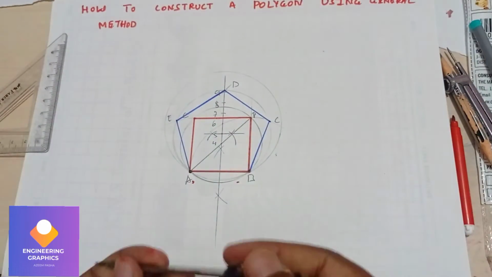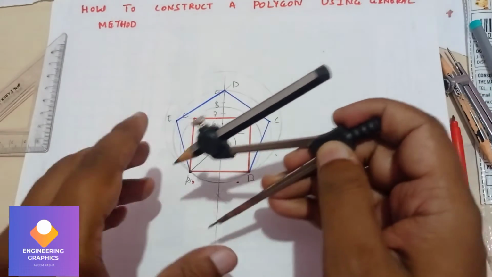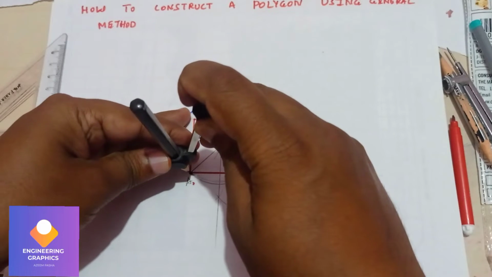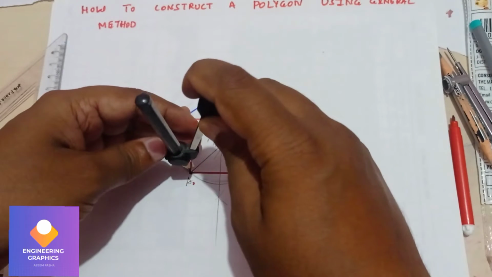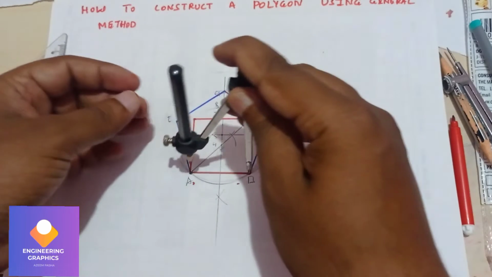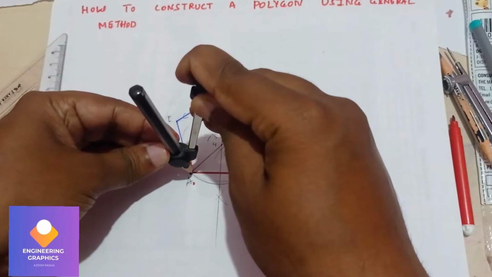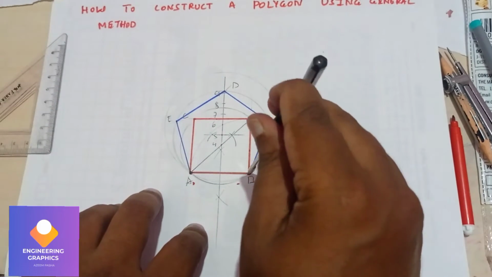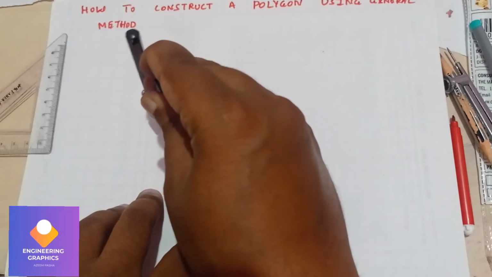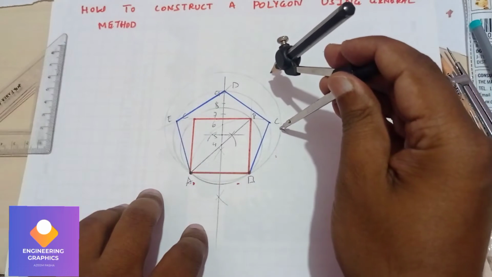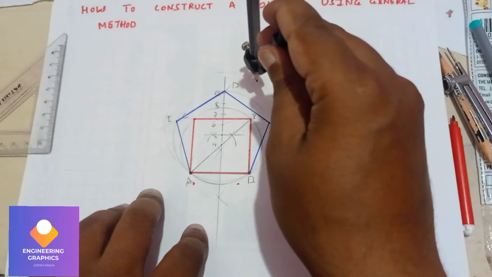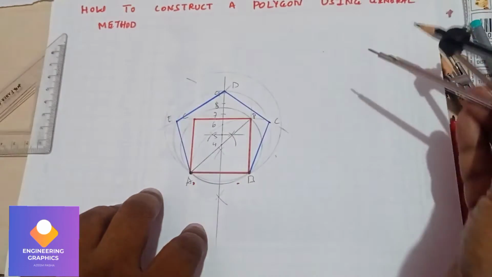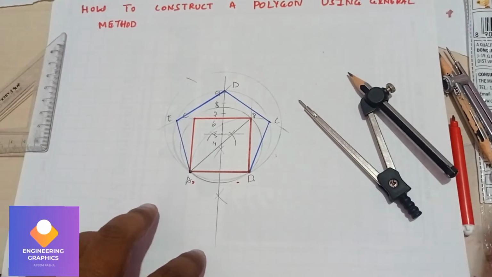Now you measure exactly the length of AB and cut the arcs. Now we can give the namings here.